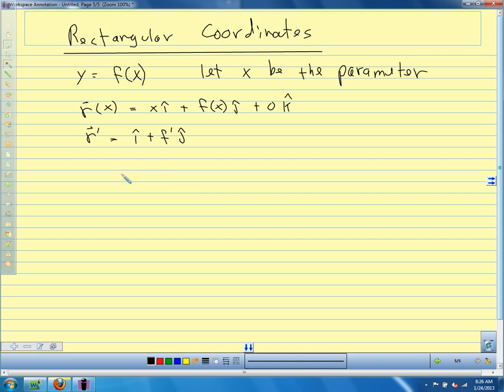And R double prime, sorry, let's do R double prime. R double prime is just going to be f double prime j. I'm just calculating all the quantities we need for our curvature. The magnitude of R prime is the square root of 1 plus f prime squared.